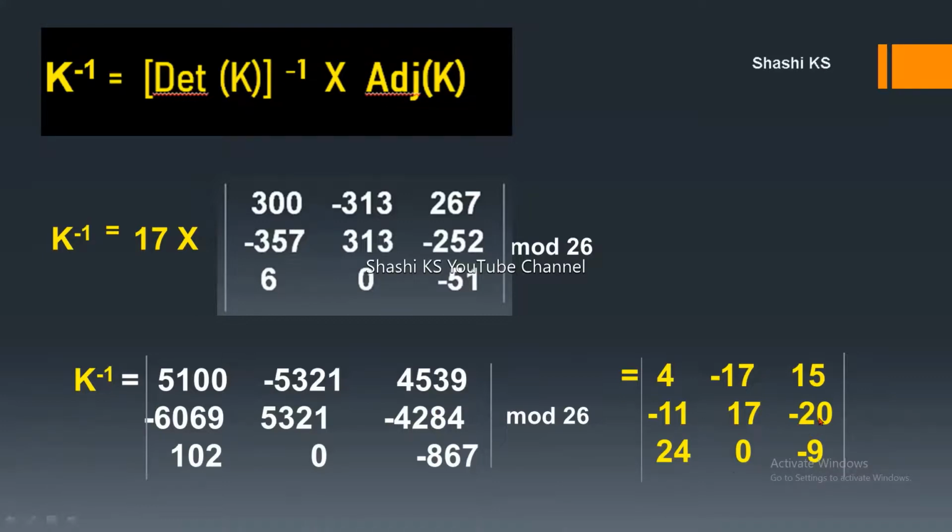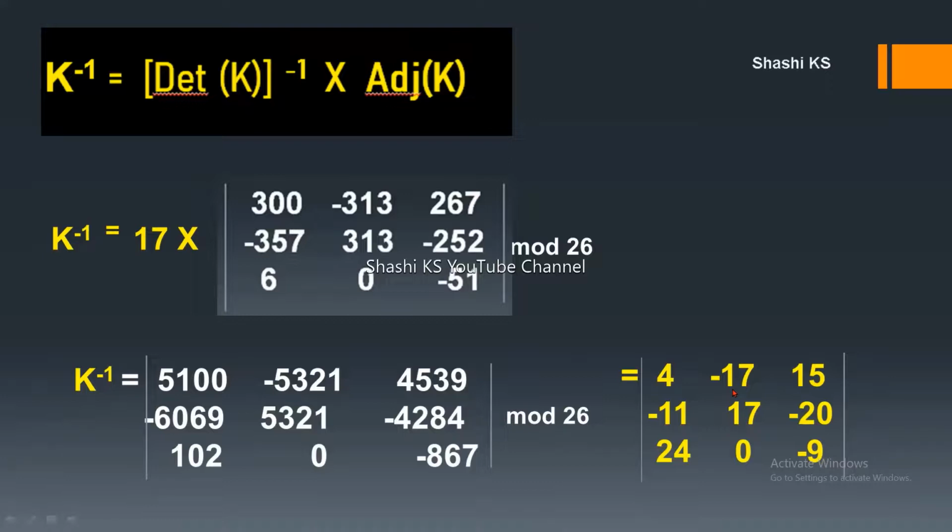Next, if you get a minus sign in the result, again you have to do mod 26. You have to convert it into positive values, because we cannot work with negative values. Since we are doing the mod 26 operation here, to convert all of these negative values into positive values, you have to add 26 to the negative result.